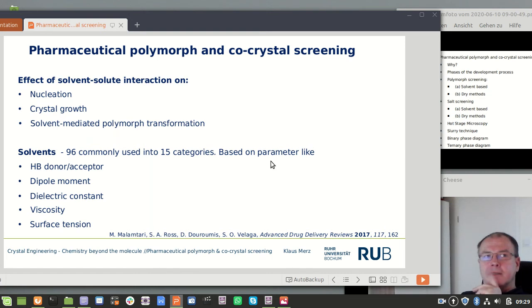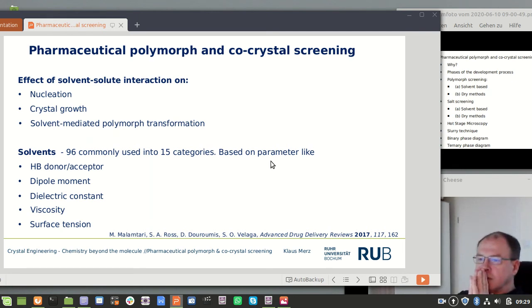So it is not enough to say, well, I tried ether to crystallize my compound, now I change to, I don't know, ethanol. Okay, this is one way, and very often it works very well.